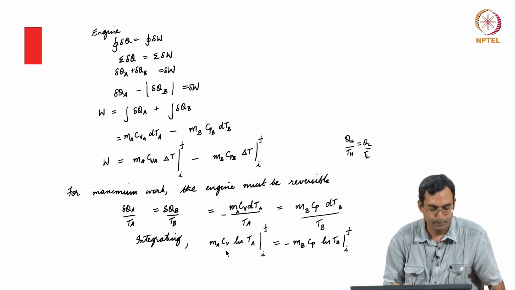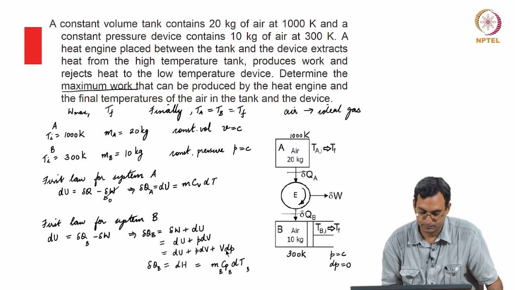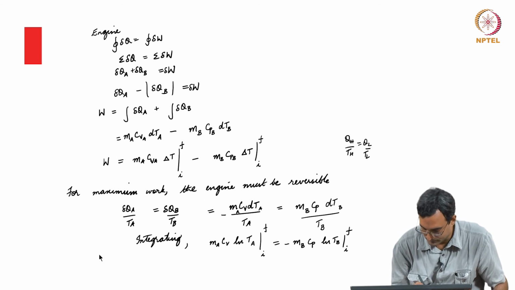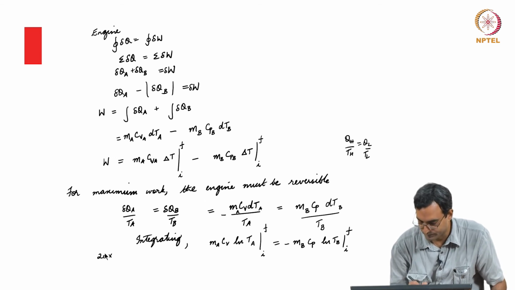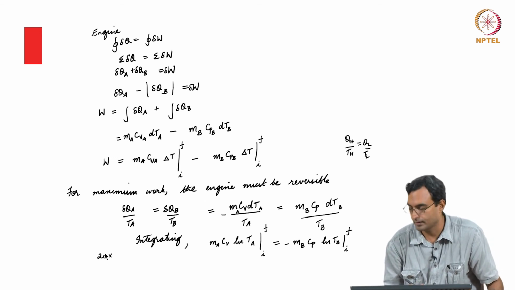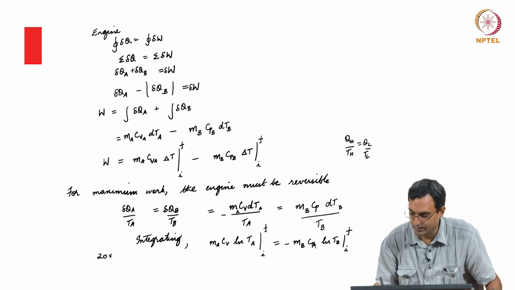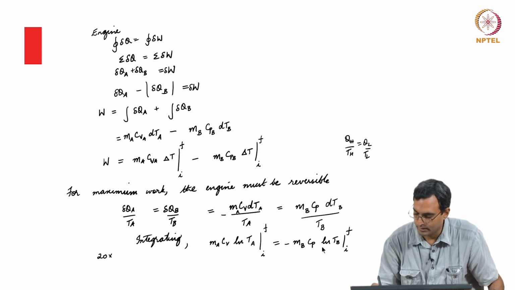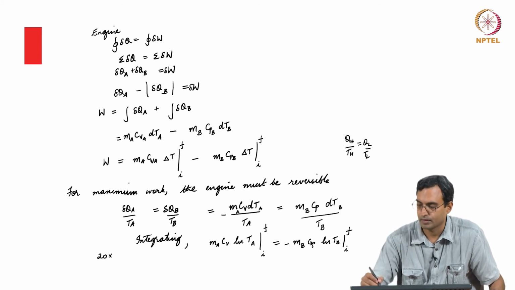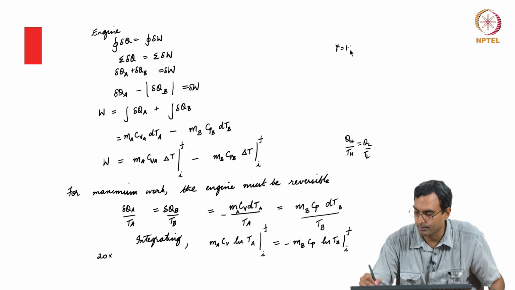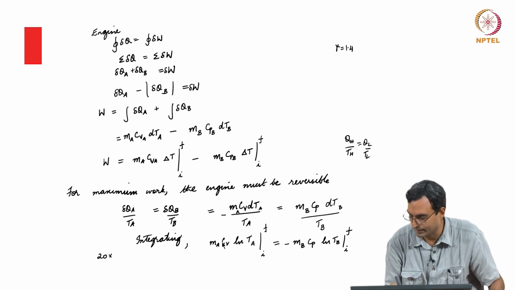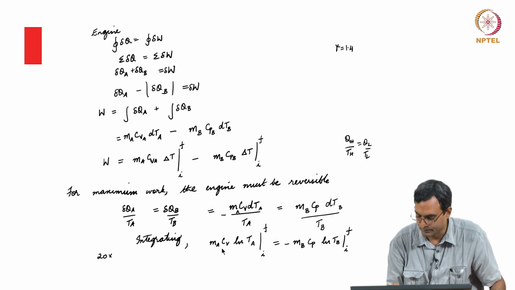So, m of A is 20 kg. I need Cp and Cv, well, I do not need Cp and Cv, I need Cp by Cv. So, Cp by Cv is essentially gamma. This is a diatomic gas, it is air, gamma is 1.4. So, I will take the Cv to the other side.